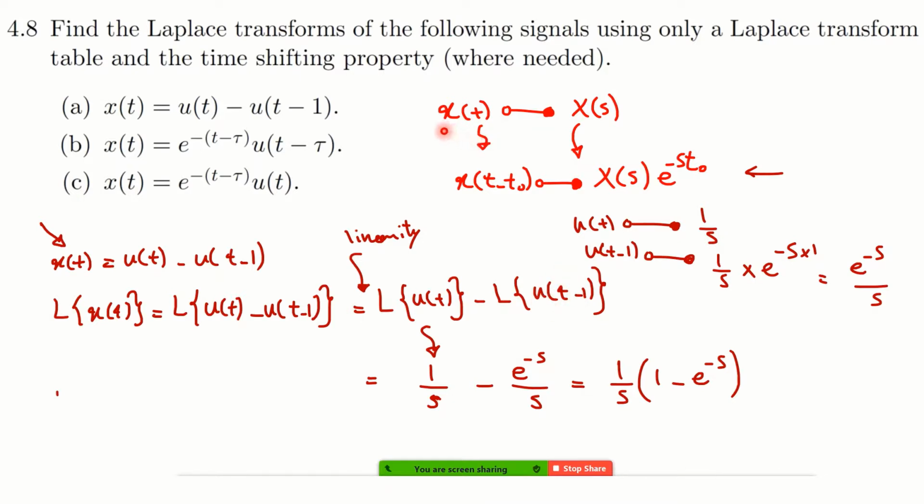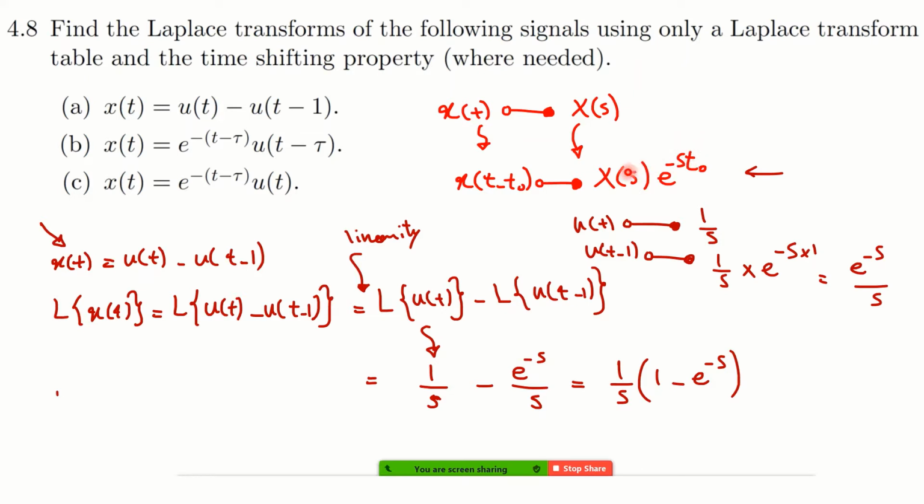Okay, this is the shifting property of Laplace transform, and that says if the Laplace transform of x(t) is X(s), then the Laplace transform of the shifted version of x equals X(s) times e to the power of minus s times the shift value. So how much is the shift value?